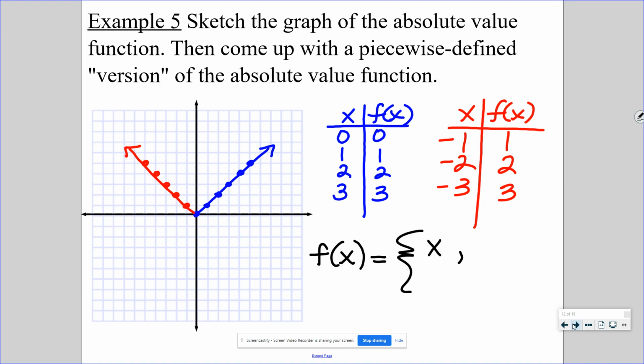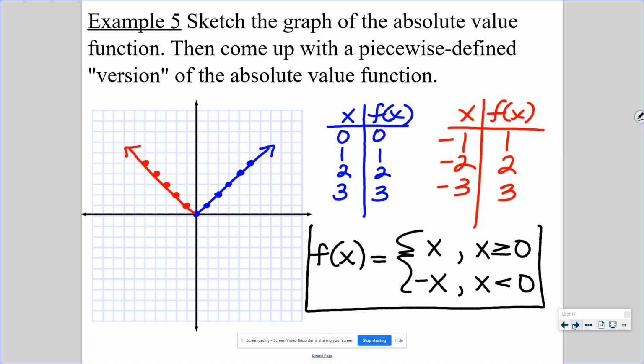And we're going to write a domain restriction saying that this is the equation whenever x is greater than or equal to 0. And the left side looks like it has a slope of negative 1, also starting at the origin. So we would call that negative x, but that side only occurs when x is smaller than 0. So we have a piecewise function to define our absolute value graph.